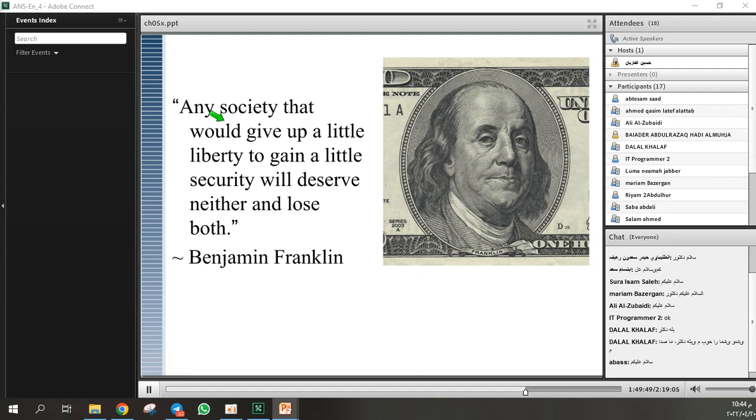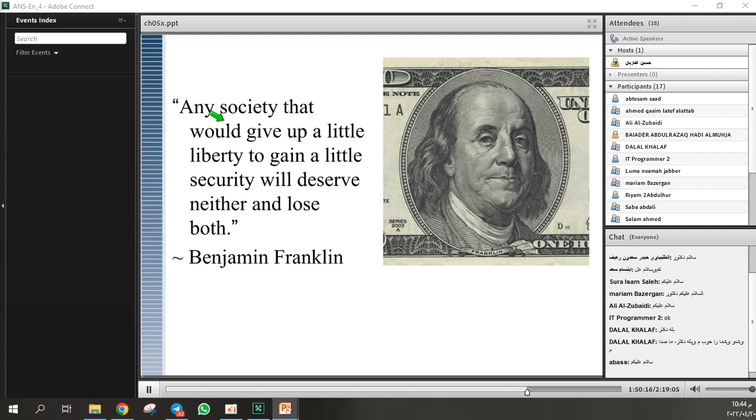And as a last slide: any society that would give up a little liberty to gain a little security will deserve neither and lose both. Benjamin Franklin, one of the past American presidents. This sentence is very interesting.